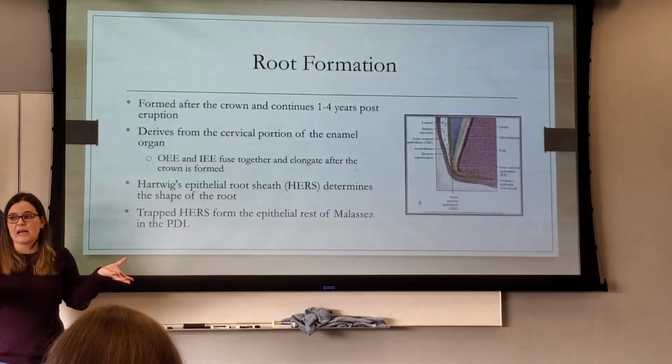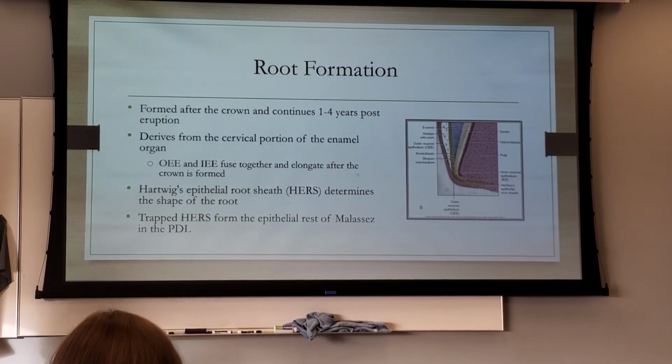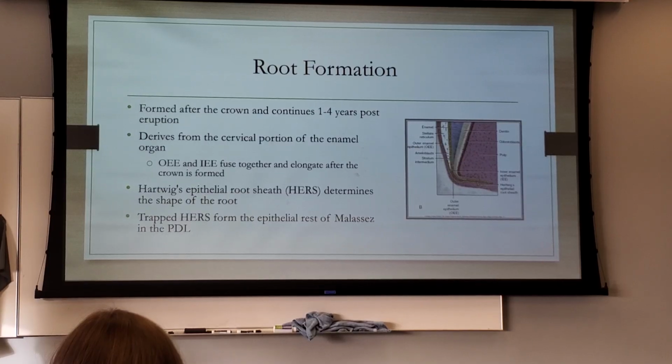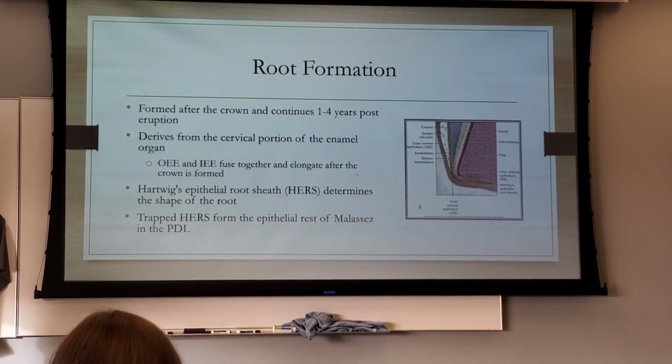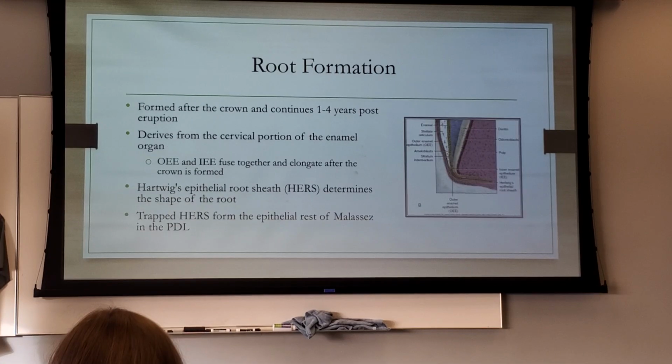The IEE and OEE aren't needed anymore, which is the HERS. They start to disintegrate off and just get trapped in the PDL space. So then that becomes the rests of Malassez. Questions?